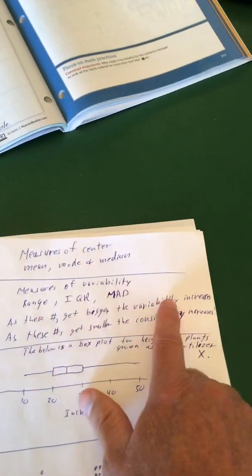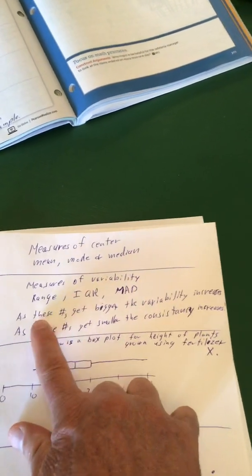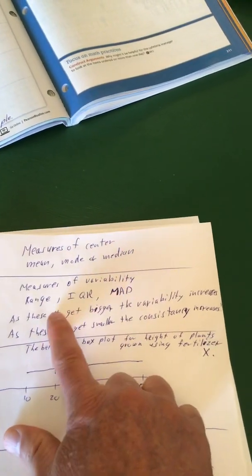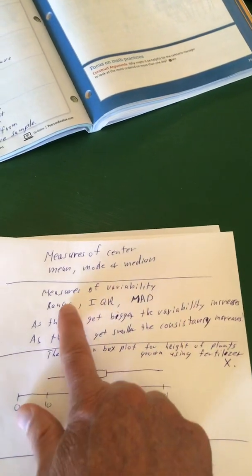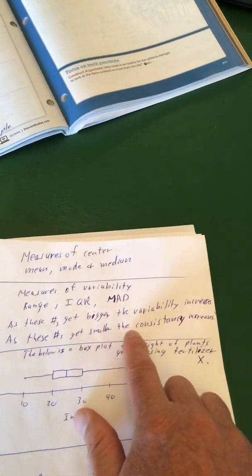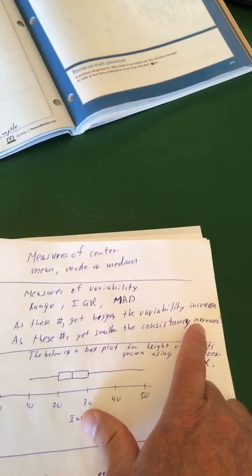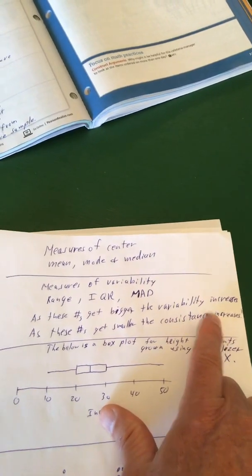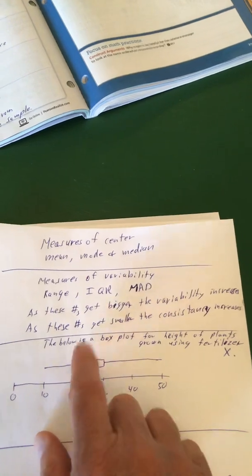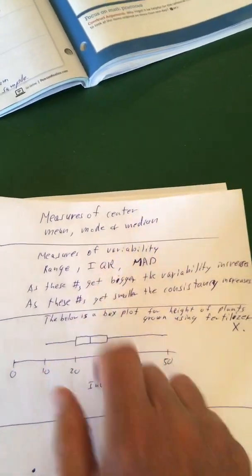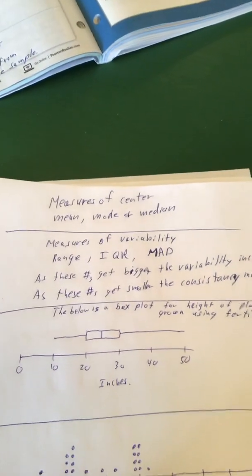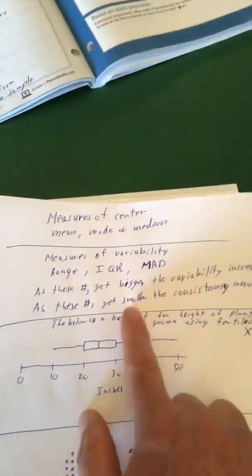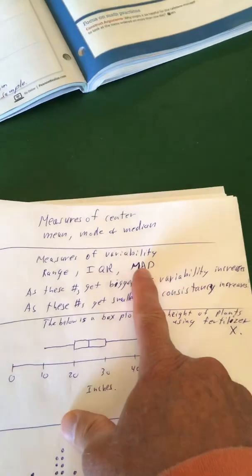So here are the statements I'd like you to get down. As each of these numbers gets bigger, the variability gets bigger. And as each of these numbers gets smaller, the consistency increases. Now, if you're looking at a box plot, what can you talk about as far as measures of variability? Well, I didn't give you the MAD, that'd just be a number, so you can't do that.